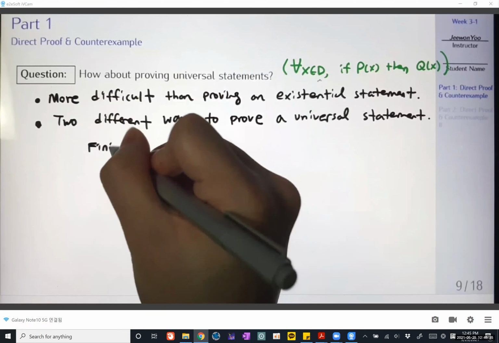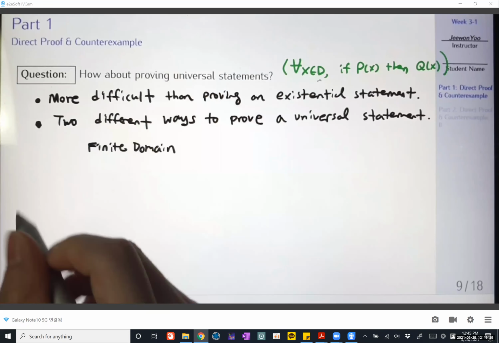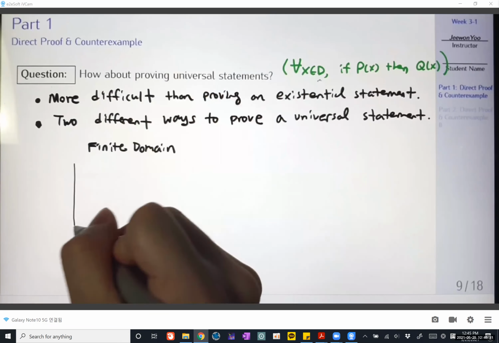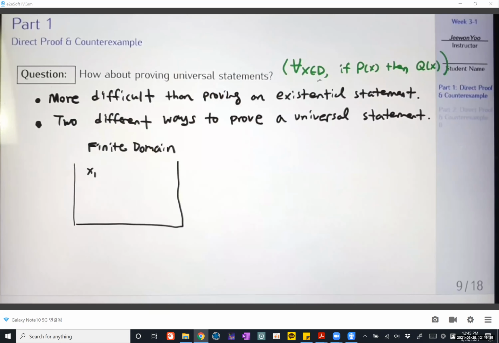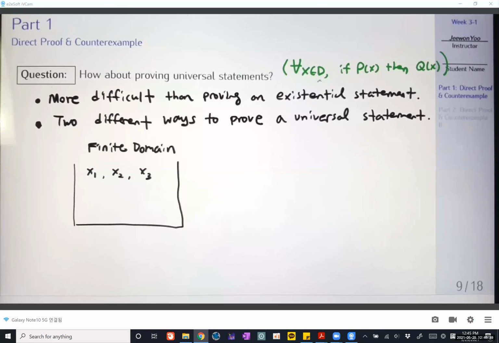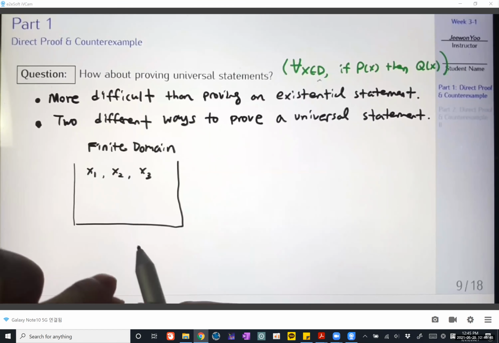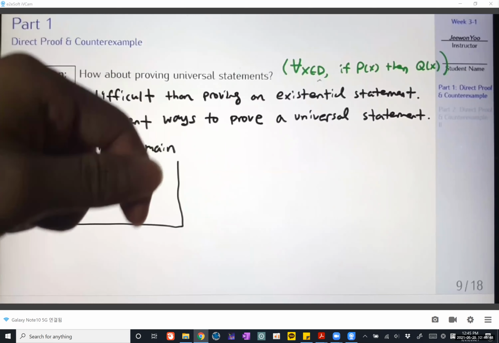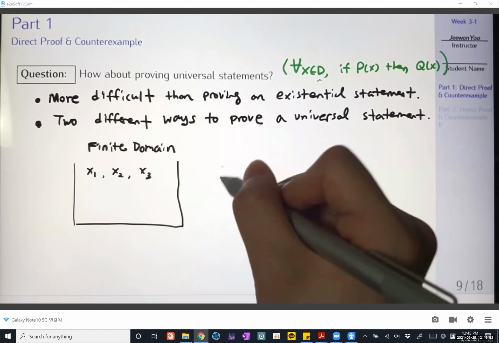So, a finite domain. For a picture, I'm going to use 3 elements, x1, x2, x3. I only have 3 elements in the domain. In this kind of finite domain, you have a special method: just plug in each number and see how the function returns.